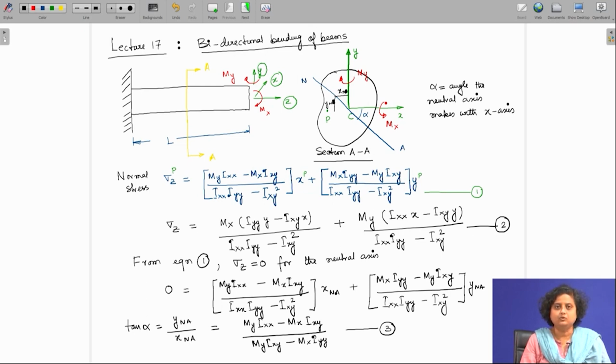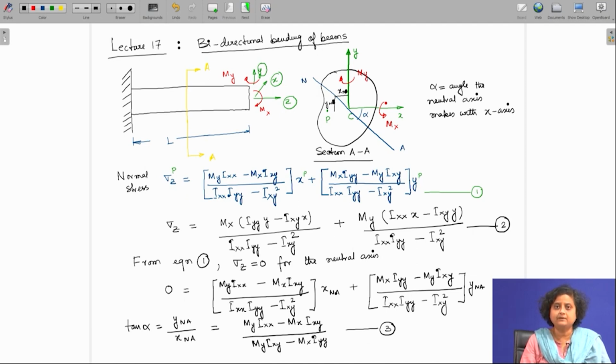Please note that this angle alpha not only depends on the sectional properties Ixx, Iyy and Ixy, but it also depends on the applied moment. So, the orientation of the neutral axis depends not only on the cross section, but also on the applied moment.